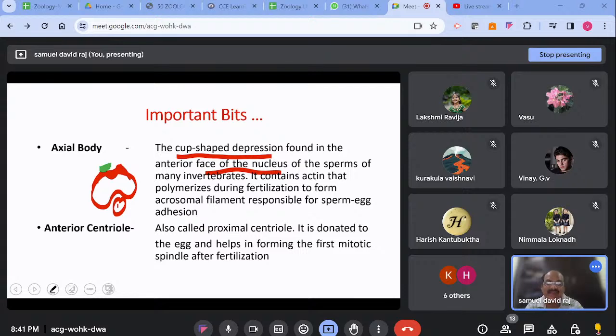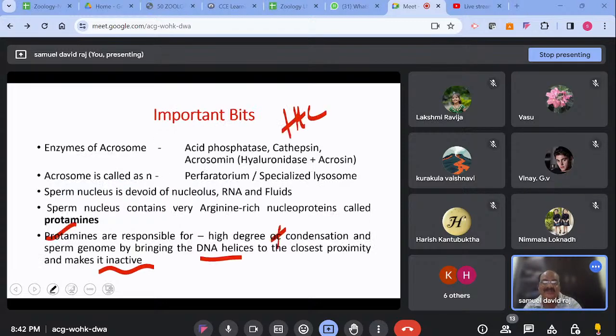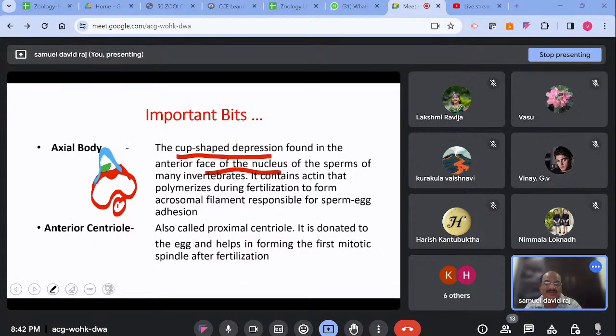It contains actin that gets polymerized during fertilization to form the acrosomal filament that is responsible for sperm egg adhesion. So we have seen that one of the functions of the sperm is to fuse with the egg surface. In certain marine invertebrates, this is made possible by the formation of an axial body, which generally contains actin in the depression present in the anterior face of the nucleus.